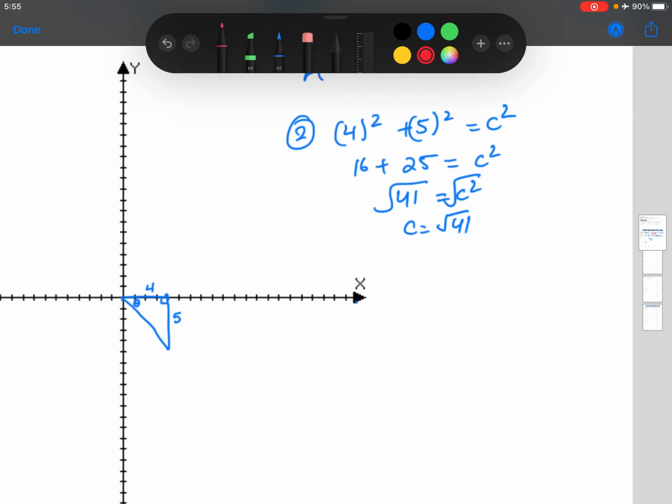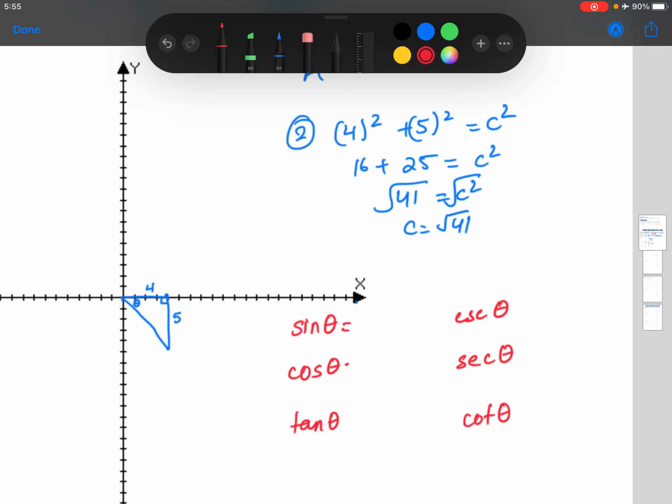So now I want to write all the 6 trig functions. Again, remember, only cosine and secant are positive. Everything else is negative in the fourth quadrant.